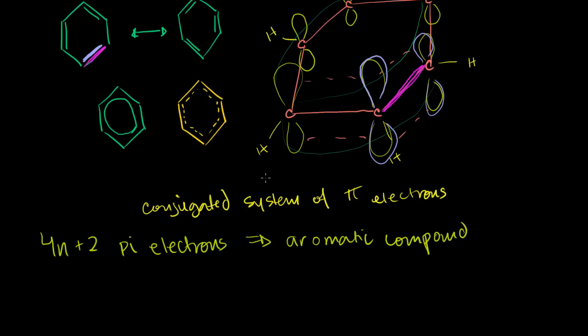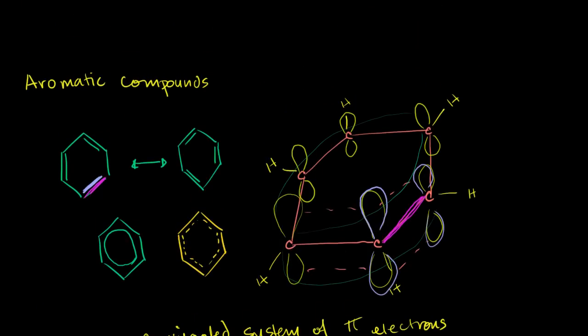So let's just confirm this actually works. Each of these carbons has 1 pi electron. Even though this looks like 2 bonds, remember this is one pi orbital, and you have 1 electron in this entire pi orbital. So this has 1 pi electron, 2, 3, 4, 5, 6. Another way to think about it, each of these double bonds involves 2 pi electrons. So 1, 2, 3, 4, 5, 6.